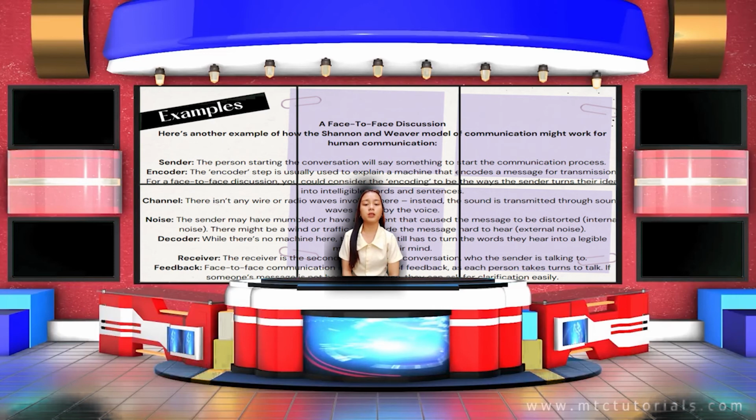For a face-to-face discussion, you could consider the encoder to be the ways the sender turns their idea into intelligible words and sentences. Channel. There isn't any wire or radio waves involved here. Instead, the sound is transmitted through sound waves made by the voice.